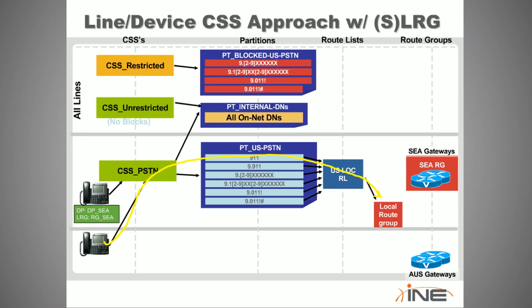Likewise, when an Austin phone dials 911, same pattern, same partition, same route list, same dynamic entity of local route group.